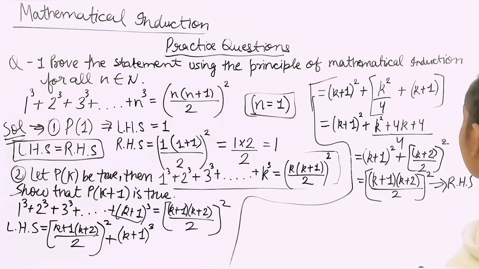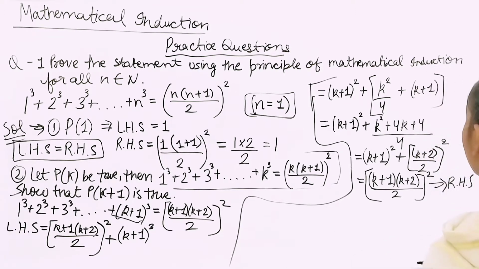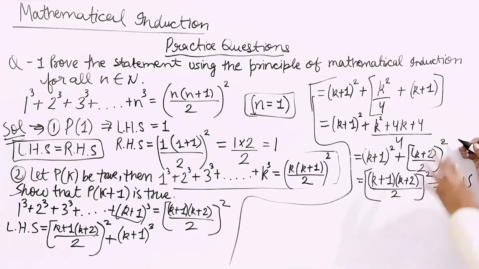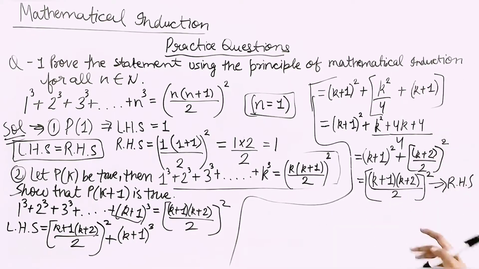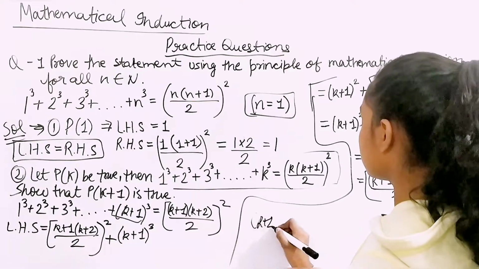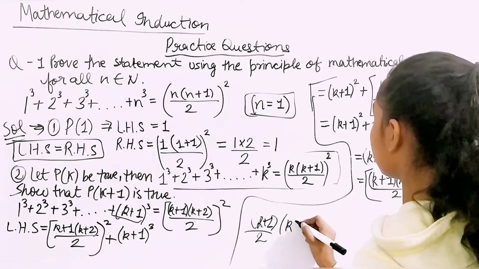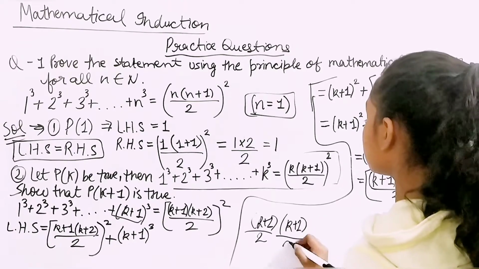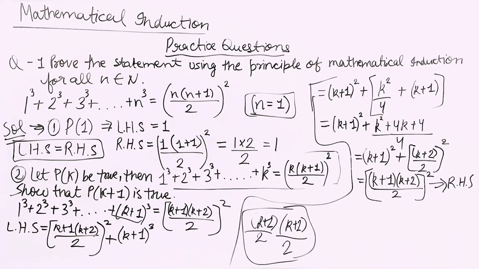So the 4 to 4, remember this is a square, which means we got this thing twice. So it was actually like this: (k+2)/2, then (k+2)/2. That's what I did.